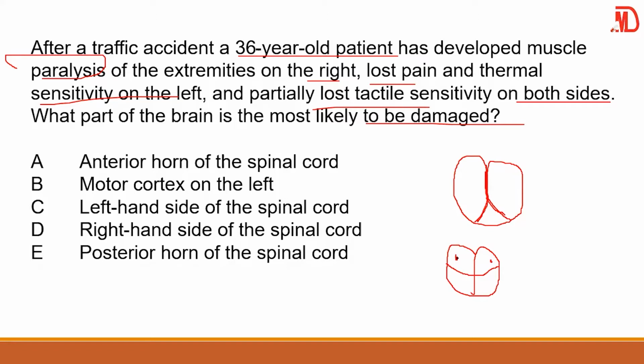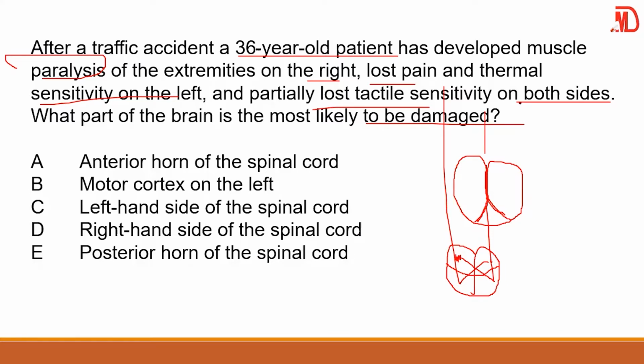When it comes to pain and temperature, even though the pain is developed over here, it crosses over, so it is contralateral innervation, then it goes to the brain. So if this is happening on the left side of your body, it means inside your brain it is occurring on the opposite side.